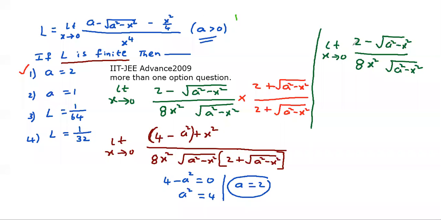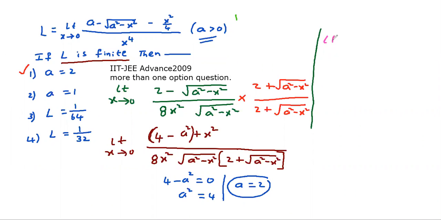Okay. Now, what is the remaining part here? The remaining part is nothing but limit x tends to 0, x square by 8x square into a square minus x square, and this 2 plus root a square minus x square as the denominator as this.